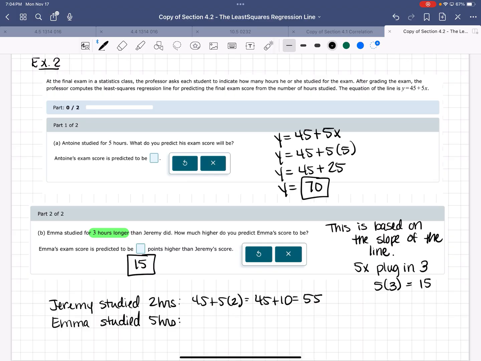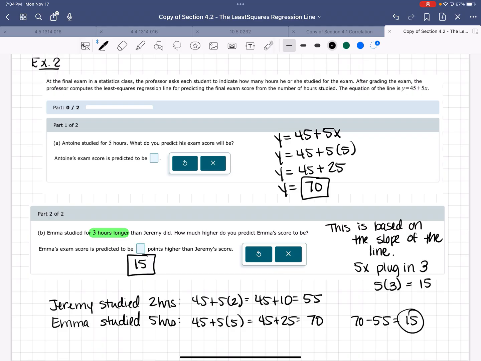Emma studied 3 more, so she studied 5. So 45 plus 5 times 5. We know that's 45 plus 25 is 70. What is the difference between 70 and 55? 15. Okay?